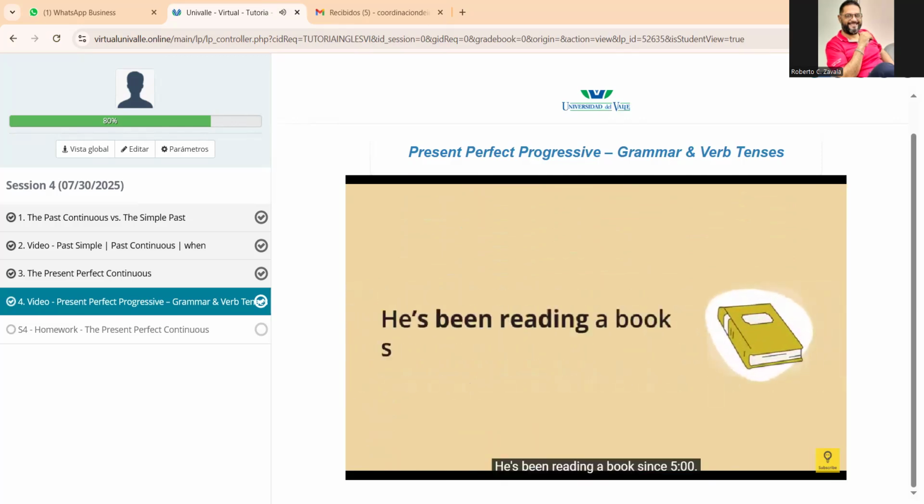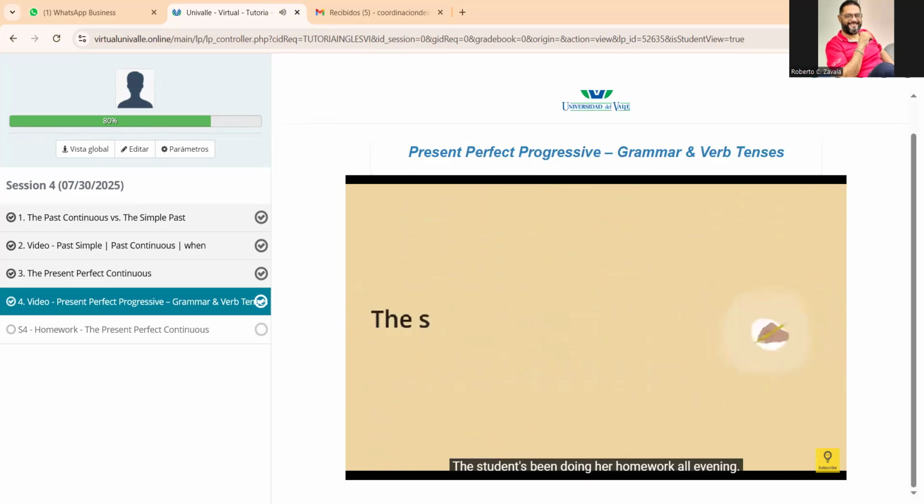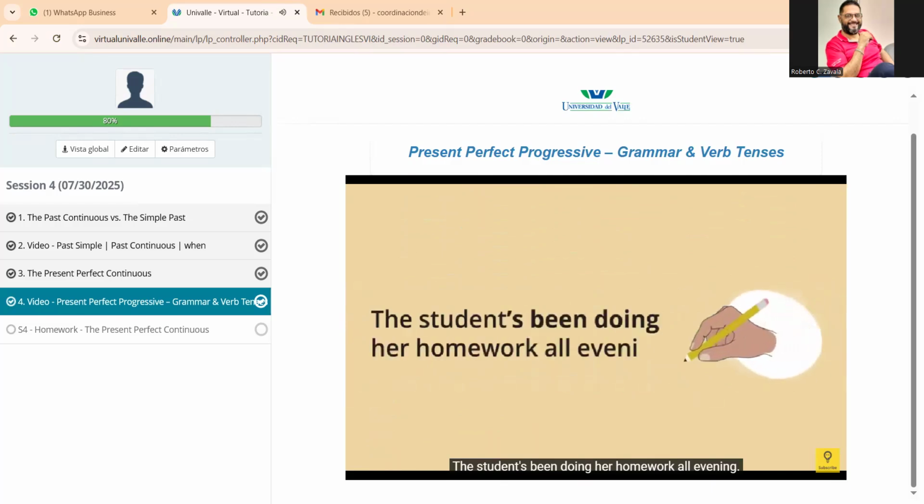He's been reading a book since 5 o'clock. We've been waiting at the airport for 2 hours. The student's been doing her homework all evening.